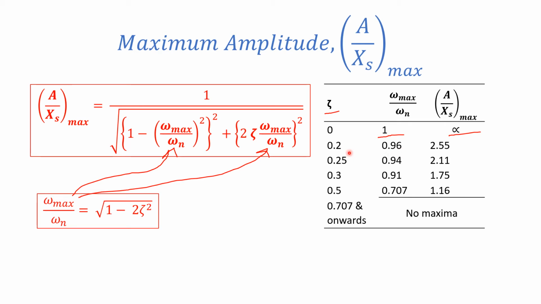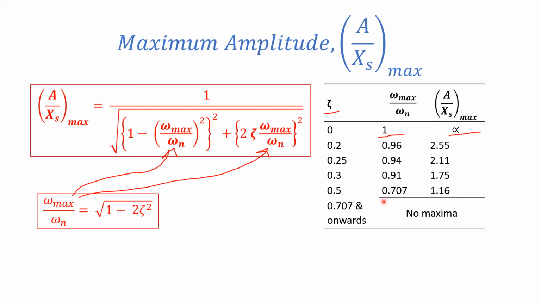When we increase zeta, the damping ratio, to 0.25, it becomes 0.94, means we are getting the amplitudes earlier and earlier. At 0.3, 0.91, 0.5, 0.707. But if zeta is 0.707 or onwards, we get no maxima.